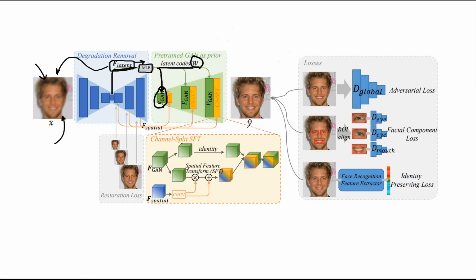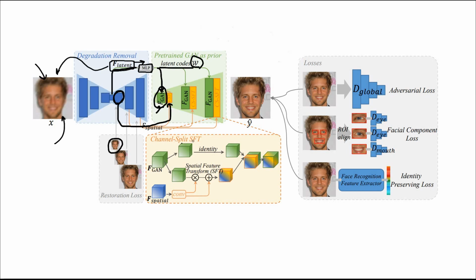What we will do here, we will take this feature map, which might be something similar to this small image, and we will take it from this place. We will pass it through the CSSFT layer, and we will pass the feature map from the GAN also through this CSSFT layer.